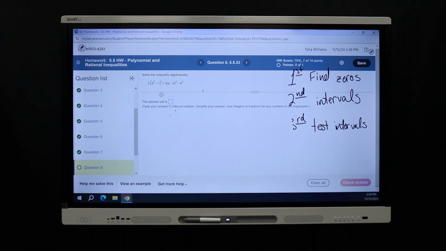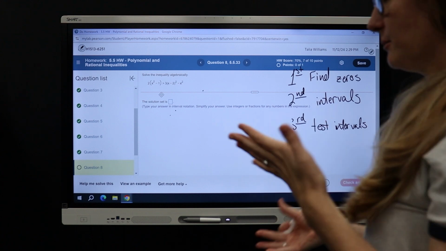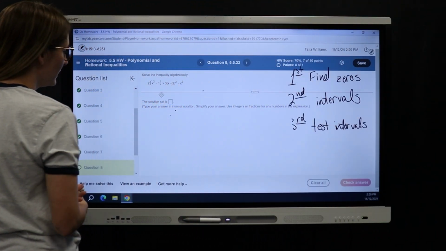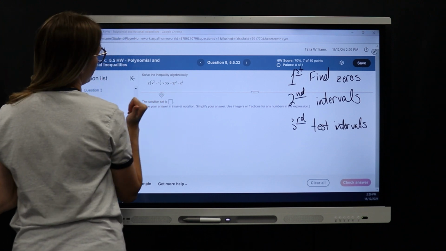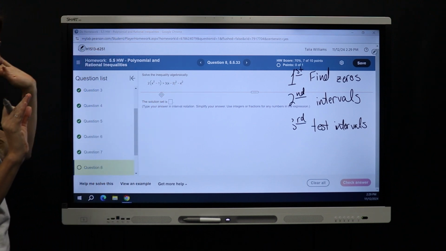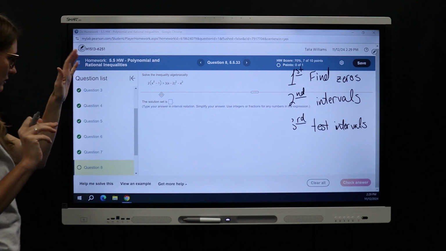Here, this one had a whole bunch of algebra with it. So, first we've got to multiply everything out, then put it all on the same side, then find our zeros, intervals, test intervals.